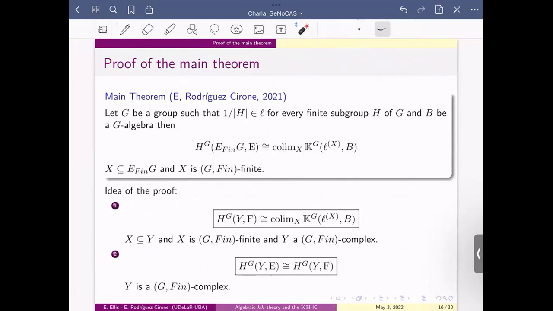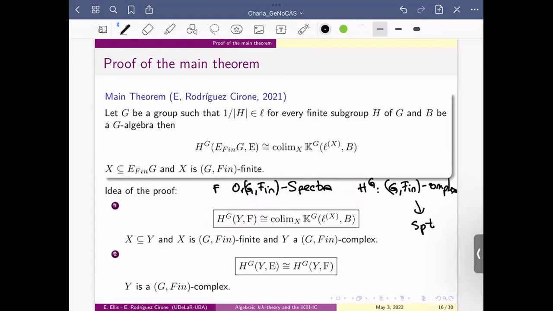First, we use this orgy finite spectra F, and if we take the Davis-Lück homology with coefficients in this, we obtain a homology on the G-finite complexes to spectra.